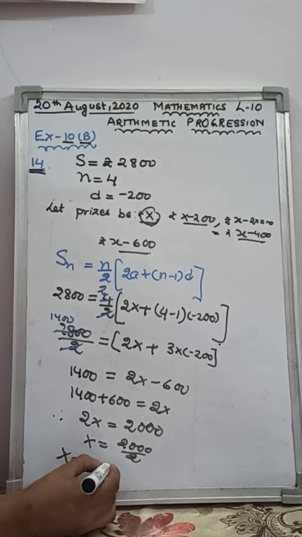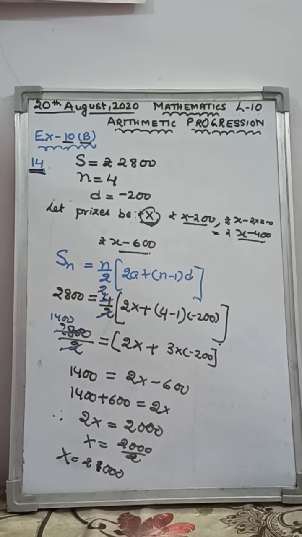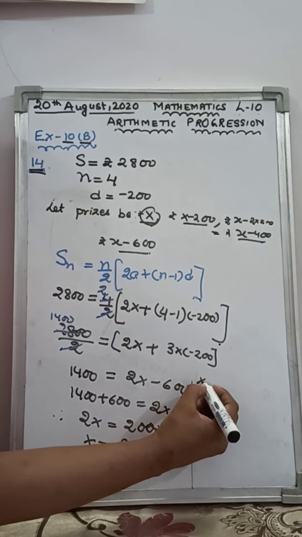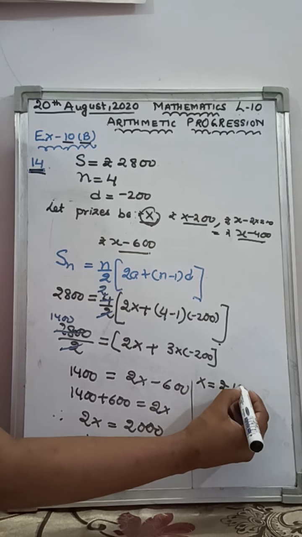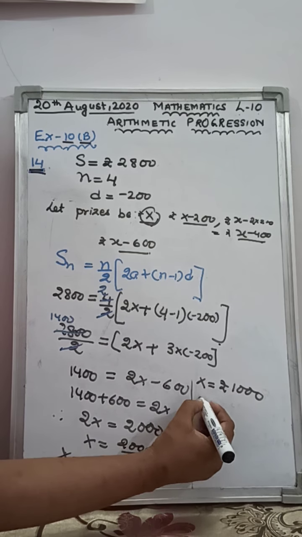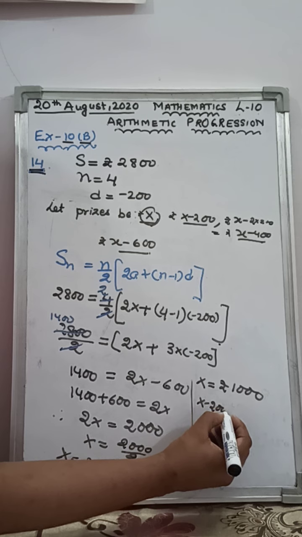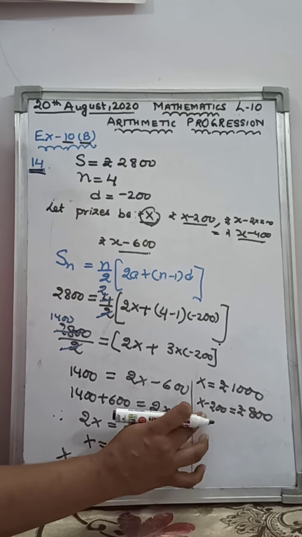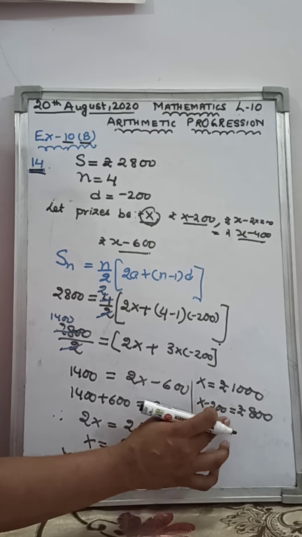Now what we have to find? We have to find the value of each prize. You have to find this. So first prize is x, that is 1000 rupees. Second prize is x minus 200. So that will be 800 rupees. That means 1000 minus 200.